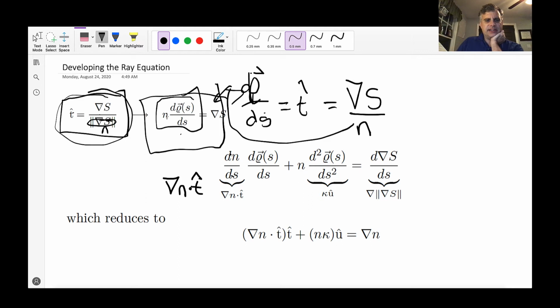Now I've got dn/ds times my derivative of the ray trajectory. Over here on this side, I have plain index of refraction times the second derivative via the chain rule, which we already said had to be the curvature times u hat. And that must be equal to the derivative of the eikonal with respect to s.